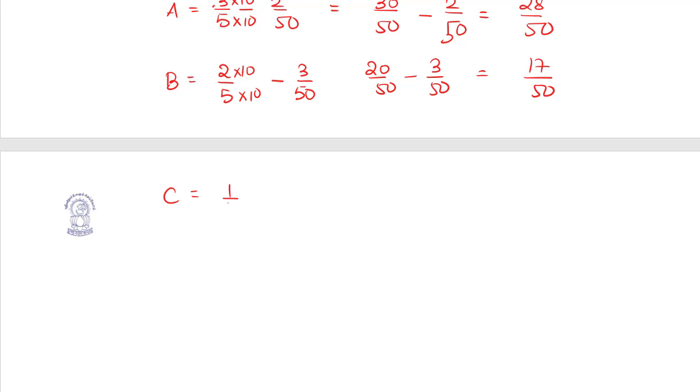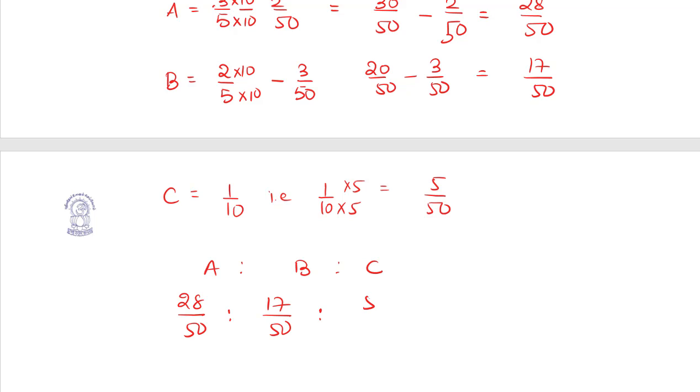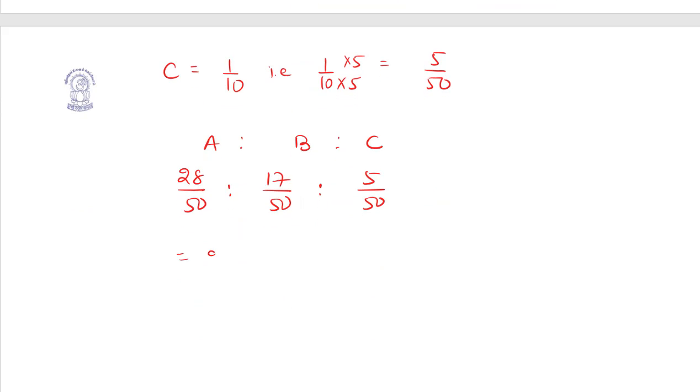C's 1 by 10th share, that is 1 by 10 multiplied by 5 by 5, 5 by 50. A is to B is to C, 28 by 50 is to 17 by 50 is to 5 by 50. That is 28 is to 17 is to 5.